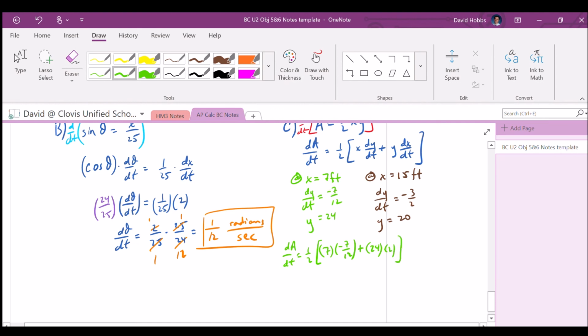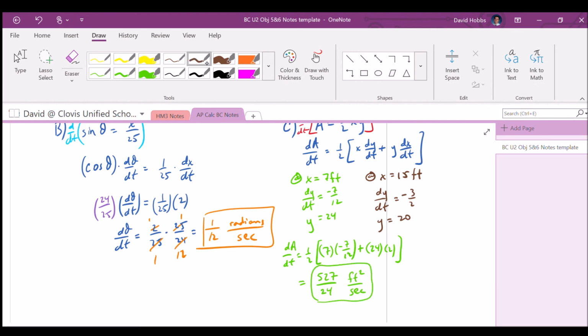The notes are going kind of long here, so I'm just going to tell you that this turns out to be 527 over 24, and it's area, so square feet per second.